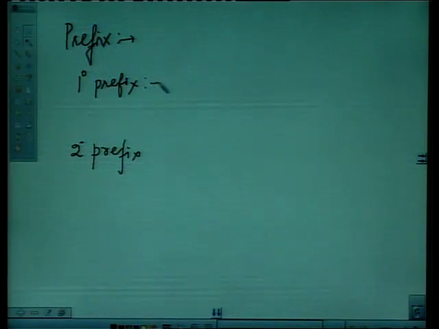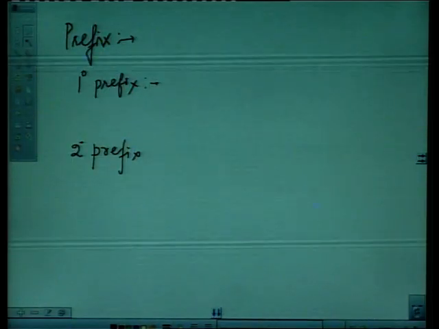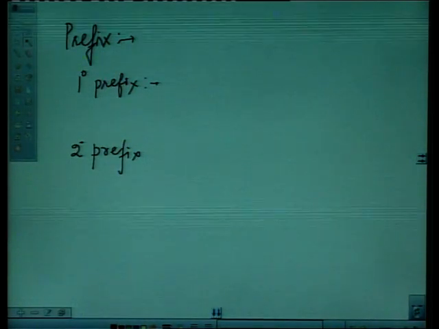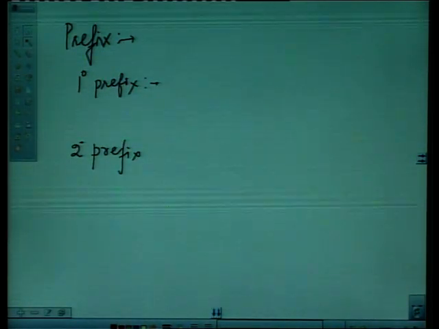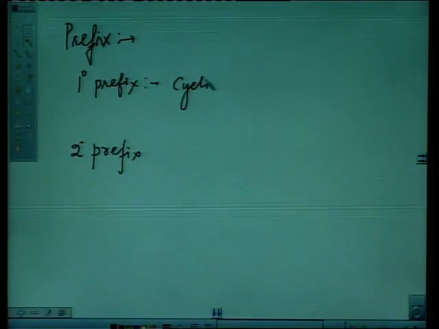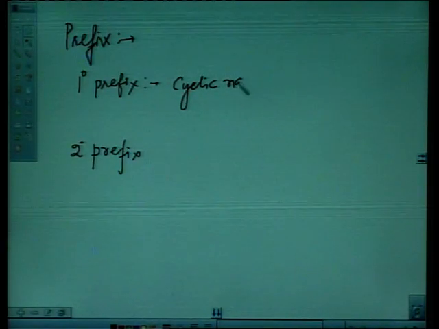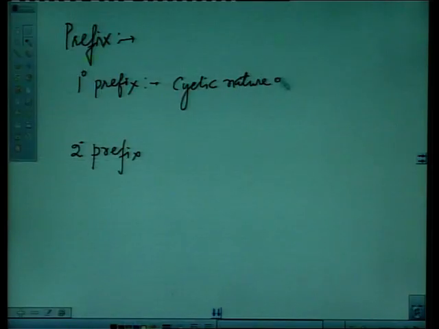Primary prefix is attached immediately before the word root. This tells about the numerical approach, that is mono, di, tri, or the cyclic nature of the compound. Mainly it tells about the cyclic nature of the compound.